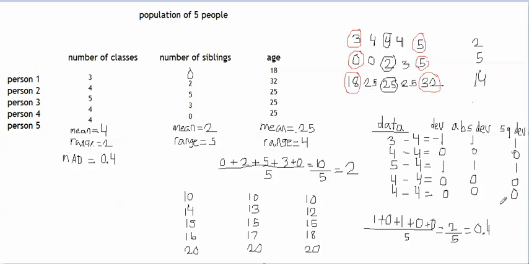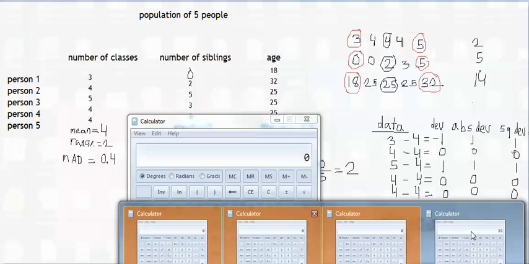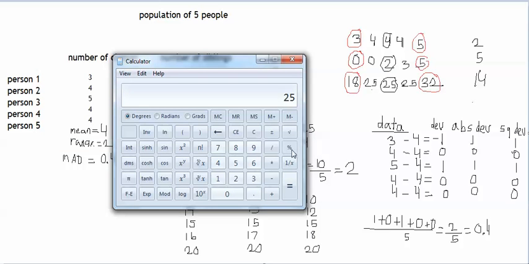What if we calculated the average of the squared deviations? What would we get? What if we calculate the mean of the squared deviations? One plus 0 plus 1 plus 0 plus 0 equals 2. 2 divided by 5 is 0.4 again.